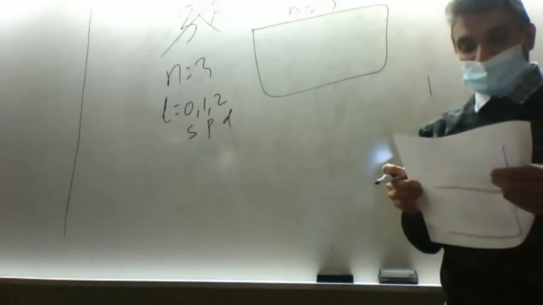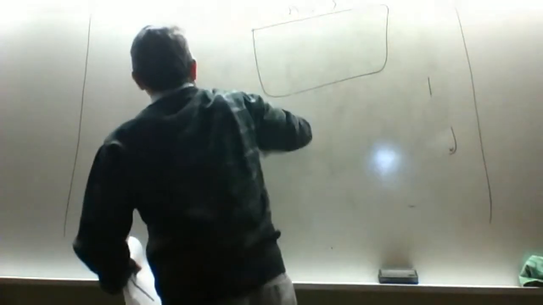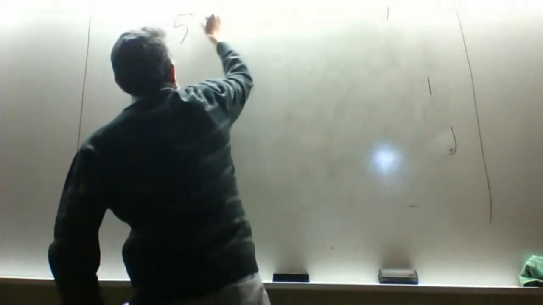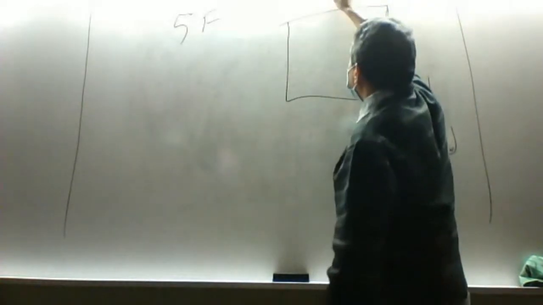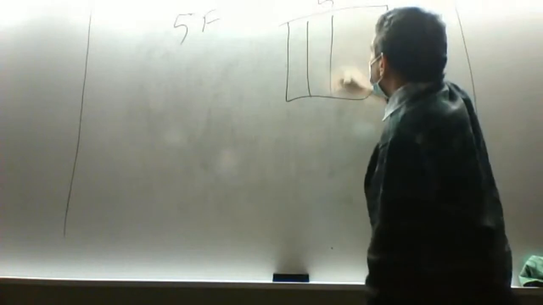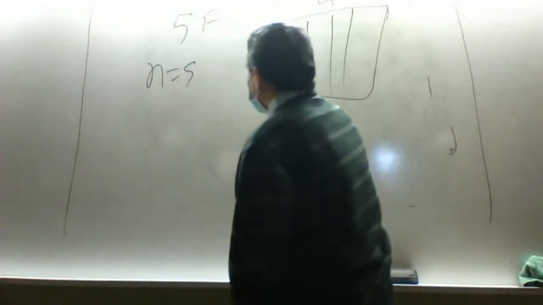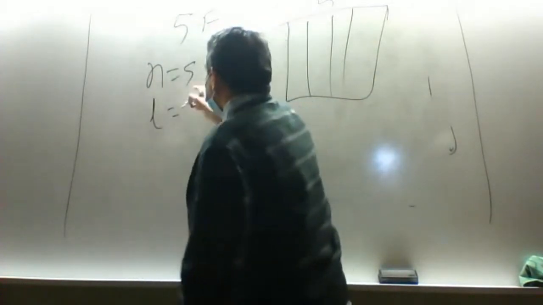Now let's look at one more, let's say 5F. So you have a house. The house is very big, and the number of the house is 5, right? You need to cut this house into many parts according to your rule. So n is equal to 5, and my rule is I cannot go up to 5.